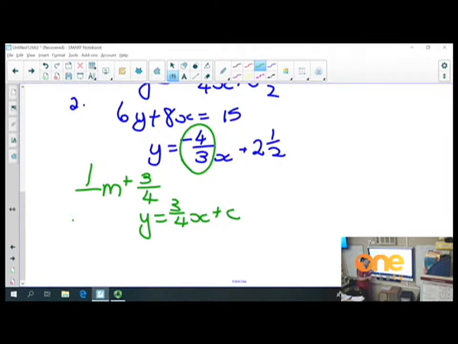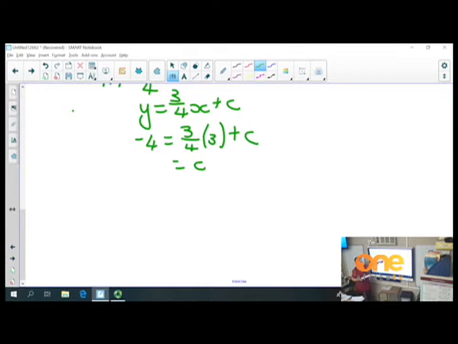This time it passes through the point (3, -4), so I substitute that in. 3/4 times the 3 plus c. And what is then the c? This is 9 over 4, which is 2.25, minus 2.25, so it's negative 6.25.